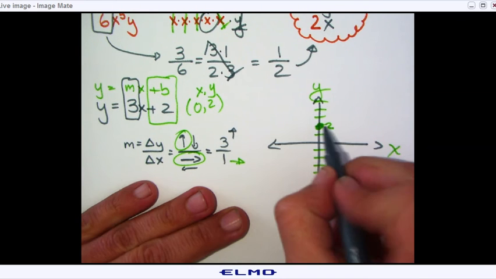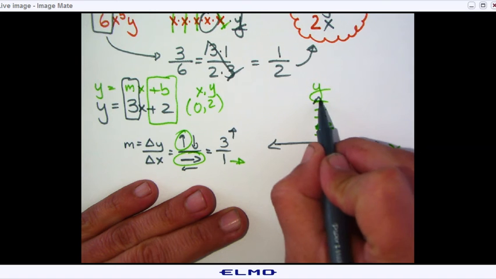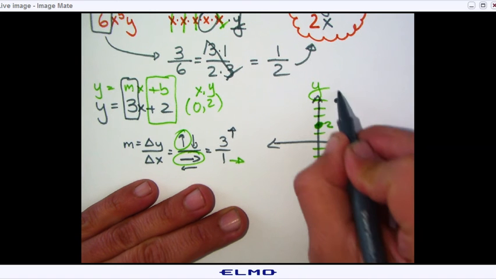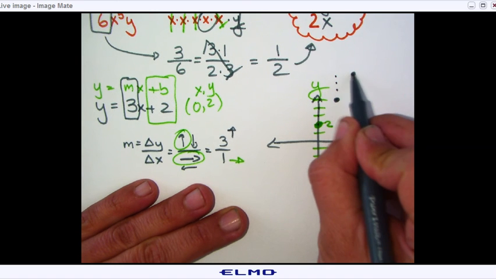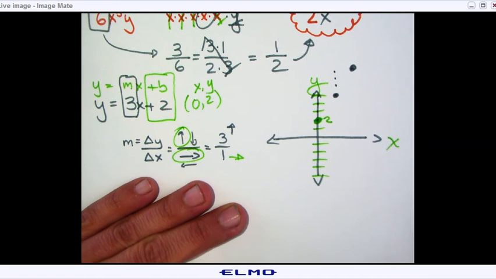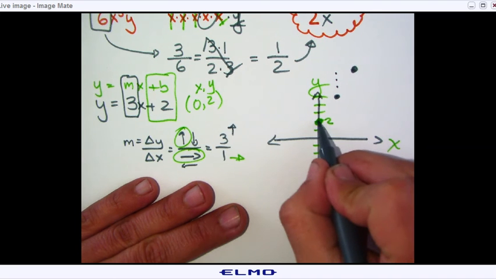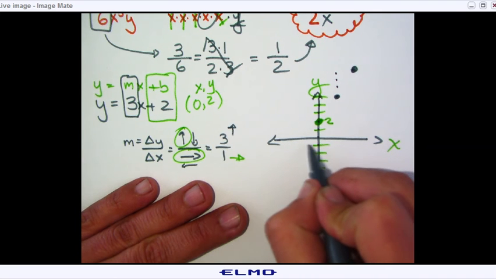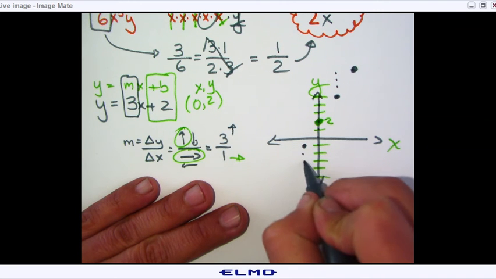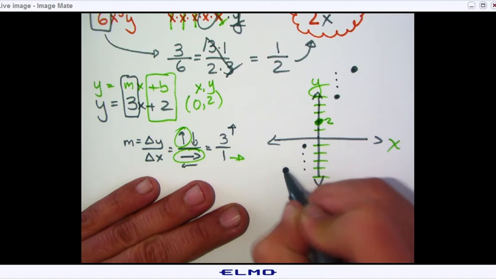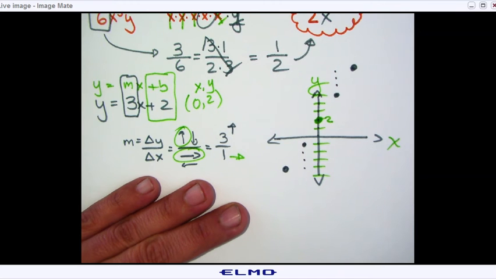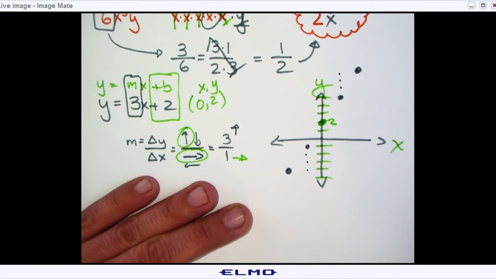Ready? Go. 1, 2, 3, and then 1. Got it? Now we're gonna go backwards. Down 3. 1, 2, 3, and then 1. That's good. That's good. Don't take no for an answer.